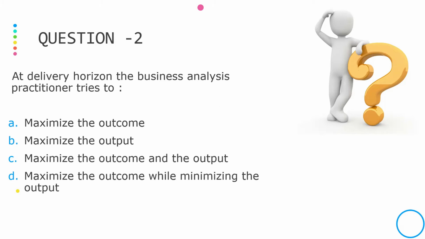Question 2. At delivery horizon, the business analysis practitioner tries to maximize the outcome, maximize the output, maximize the outcome and the output, or maximize the outcome while minimizing the output. You can answer this question if you have seen my previous video on initiative horizon, because this goal remains the same for all the horizons.